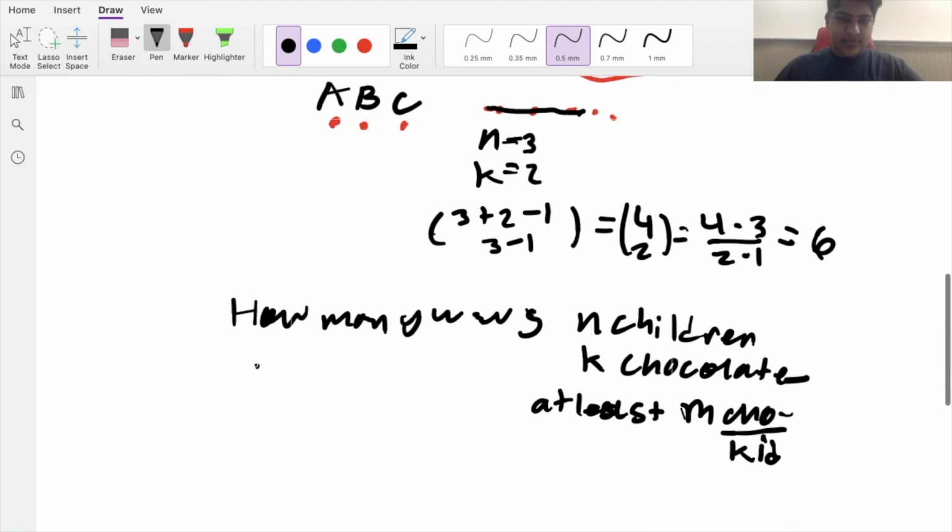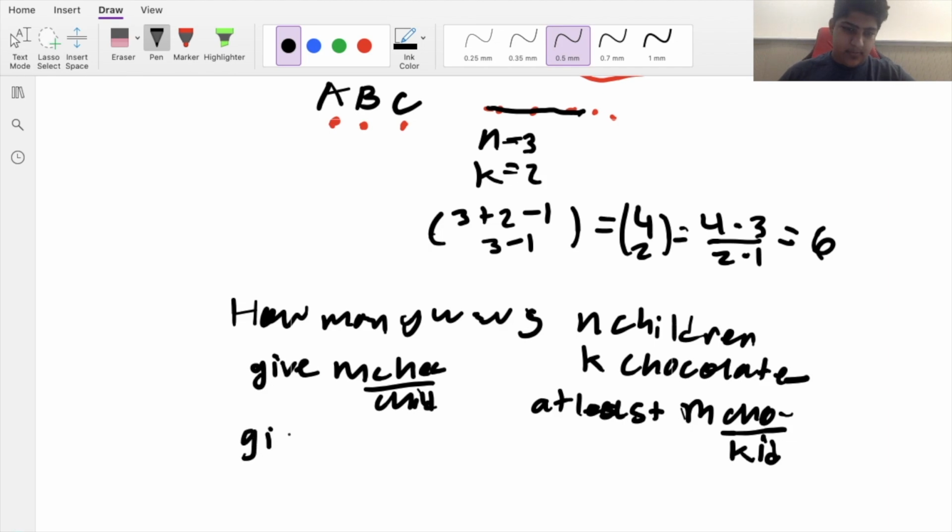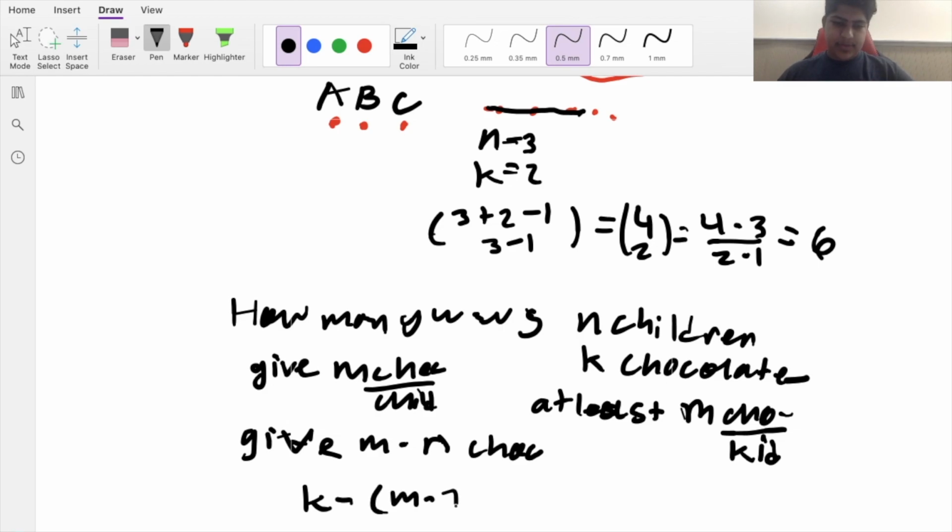So in this case, since we give m chocolates per child, we give m times n chocolates in the beginning, which means that we actually have k minus m times n chocolates when we actually use stars and bars.